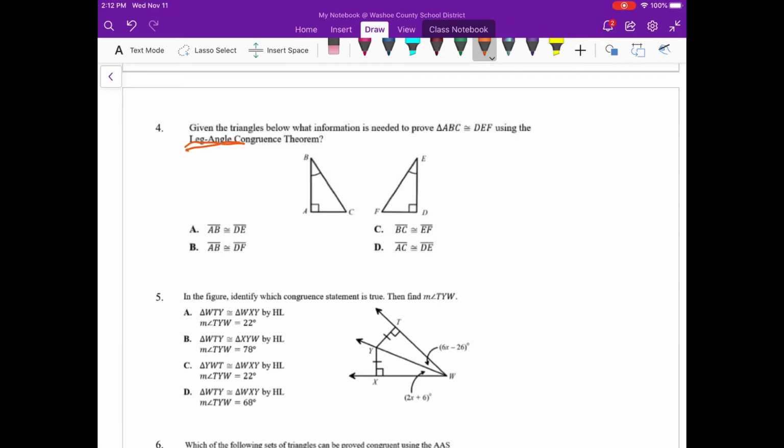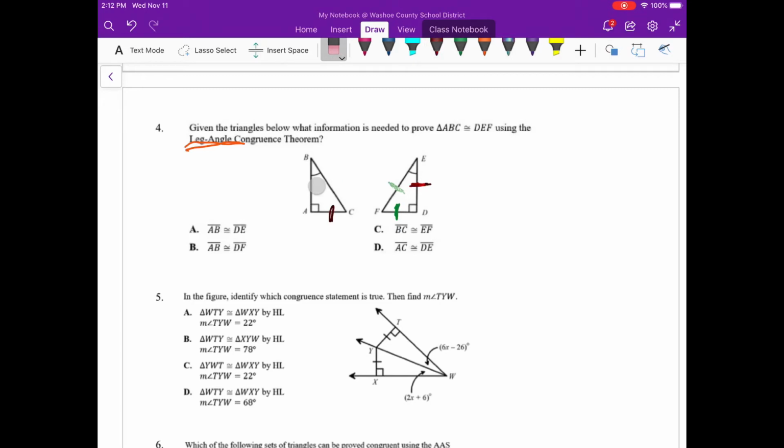The first one says that I should label AB is congruent to DE. The second one says that I should label AB is congruent to DF. The third one, C, is saying that BC, this one, should equal EF. And then the last one, AC should be equal to DE.